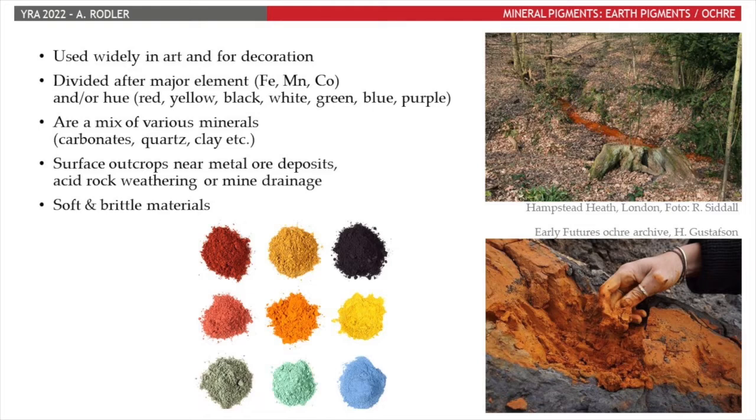It's an artist and researcher who is collecting earth pigments in the natural surroundings where she's working, and she's also getting earth pigments sent from other places to build a collection. So you can see here someone just digging into the material, so you can see how soft this can be. This is probably also slightly moist.